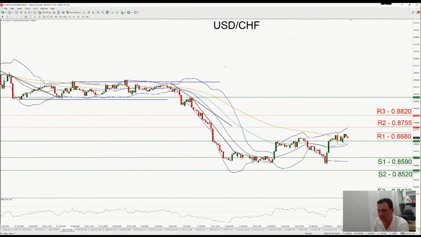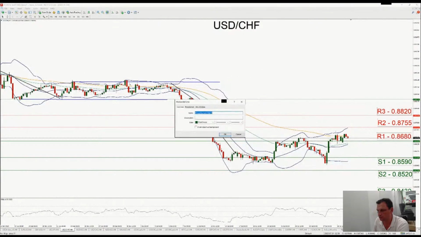I would be highlighting this price support line, which was also tested here. It's a little bit wide, but it's pretty valid.